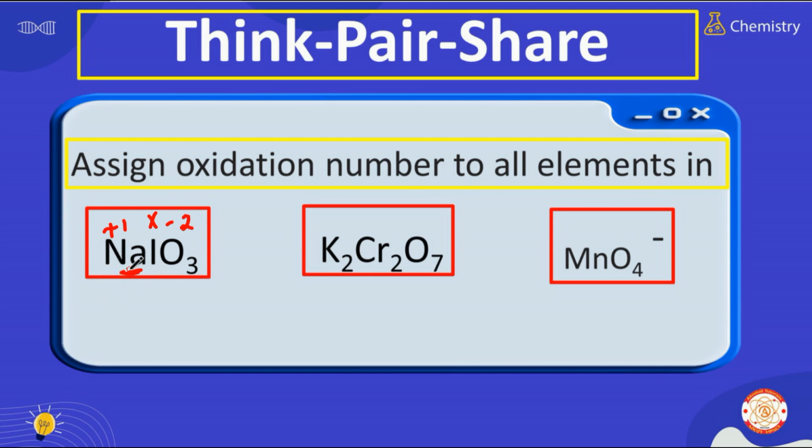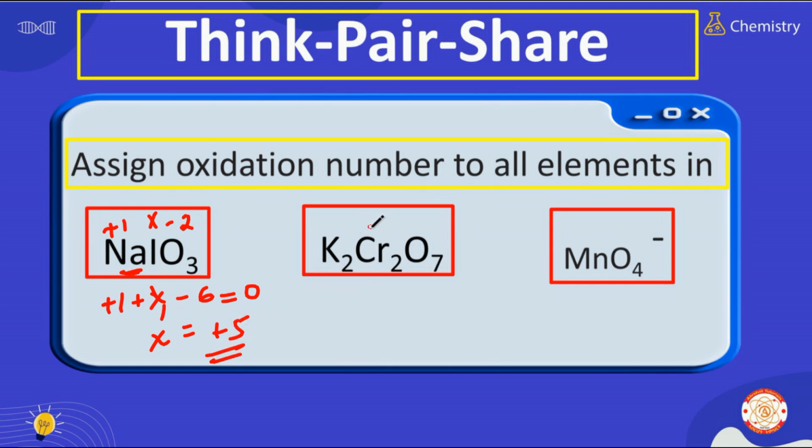Because I have one atom of sodium, it is +1 plus X minus 6 should give you 0, right? Why? Because the sum of the oxidation states of all atoms in a neutral molecule is 0. So if you add this, X will be +5.